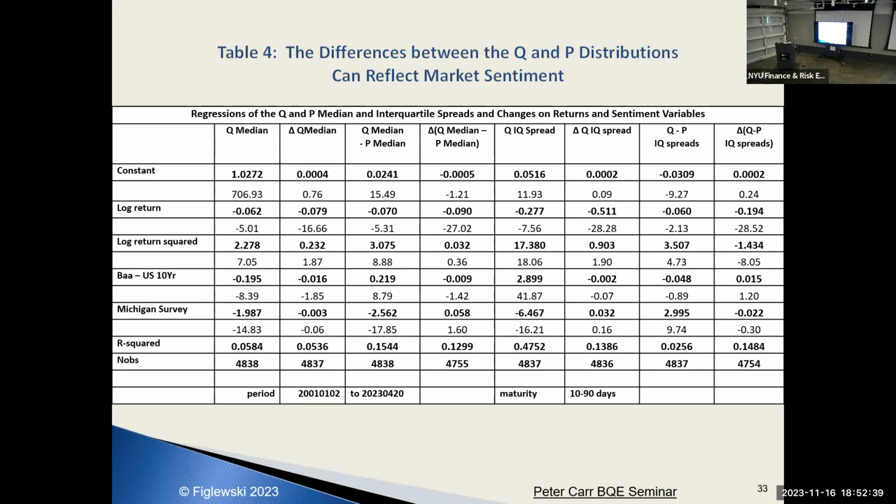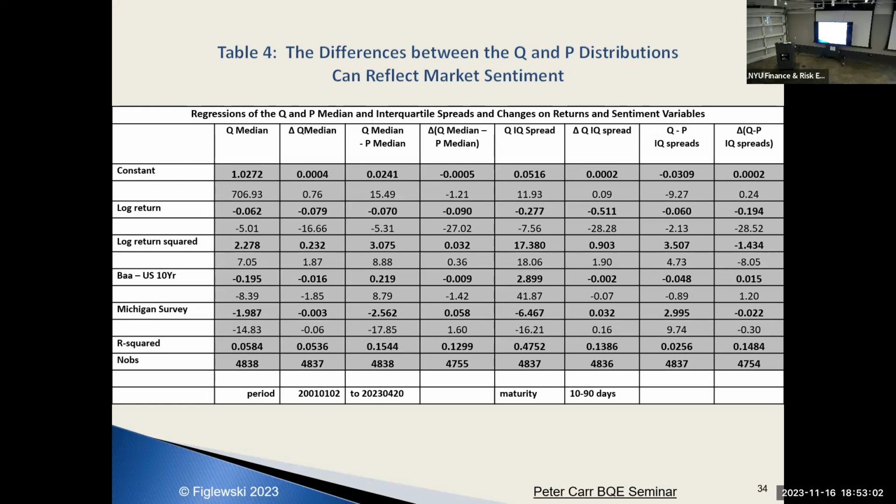This table looks at the things we don't put into the models, specifically measures of risk preference. So I don't want to get boggled too much with numbers. This is almost the last table. But let me show you what's in it.